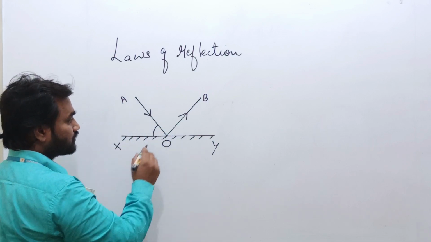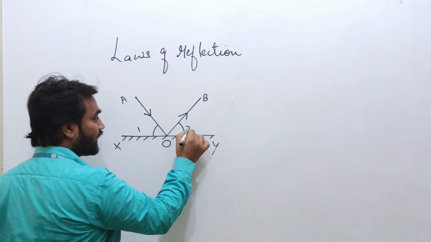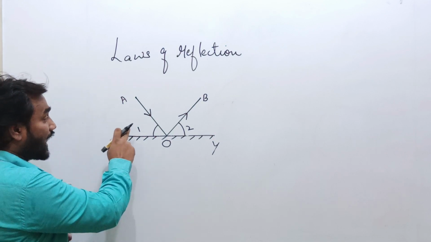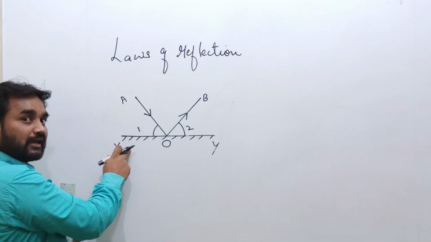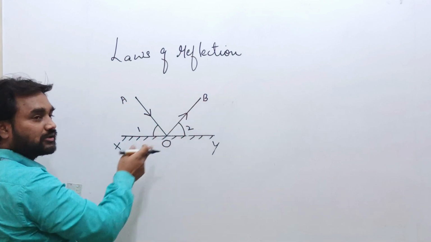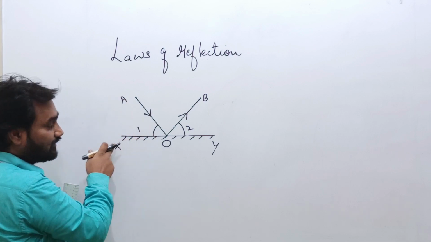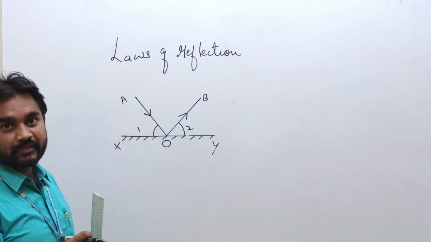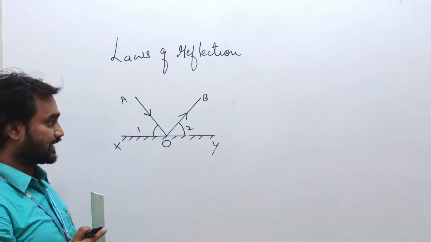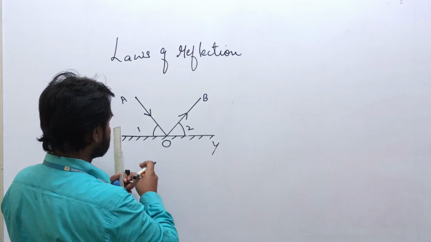These two, angle 1 and angle 2, you can call the surface angle or glance angle. So the angle between the reflecting surface and the incident ray or the reflected ray, the angle between the incident ray and the surface of the reflecting surface, is called the glance angle or surface angle.